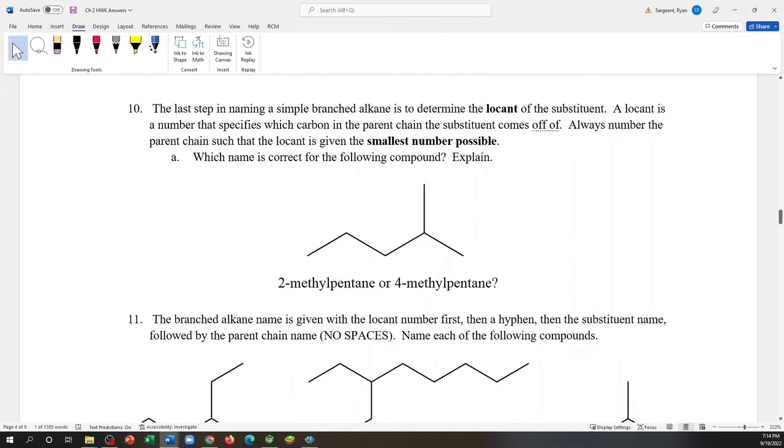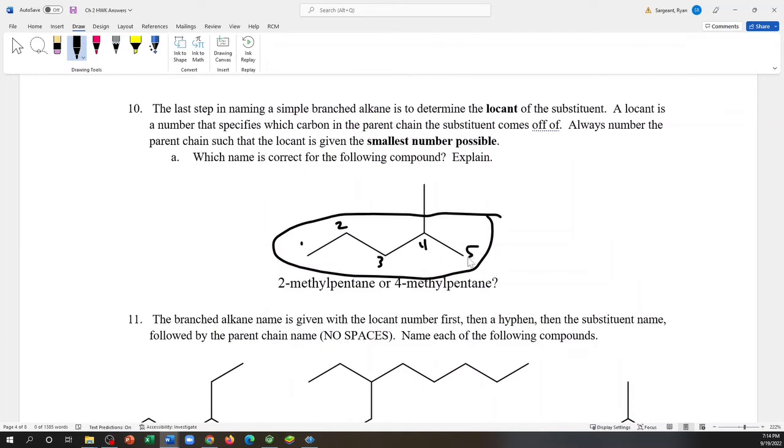So if this is my parent chain right here, then I can either number it 1, 2, 3, 4, 5, or I can number it going the opposite direction, 1, 2, 3, 4, 5.